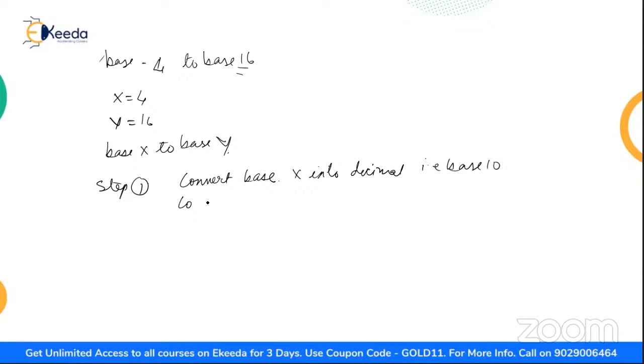For that, what you need to do is step 1, convert base x into decimal, that is base 10. Then in step 2, convert base 10 into base y.